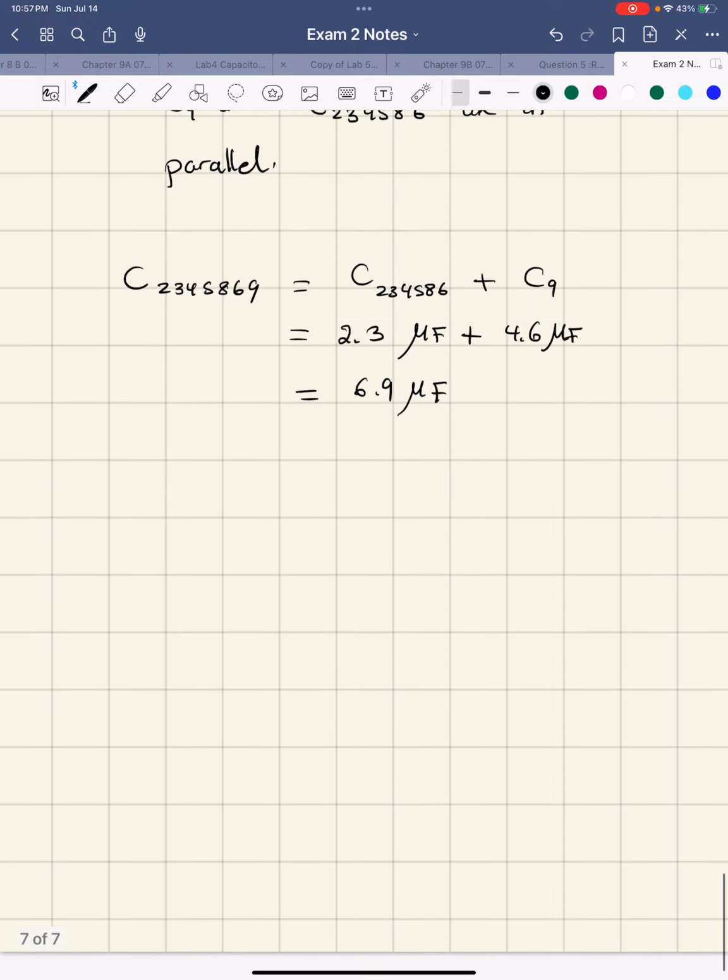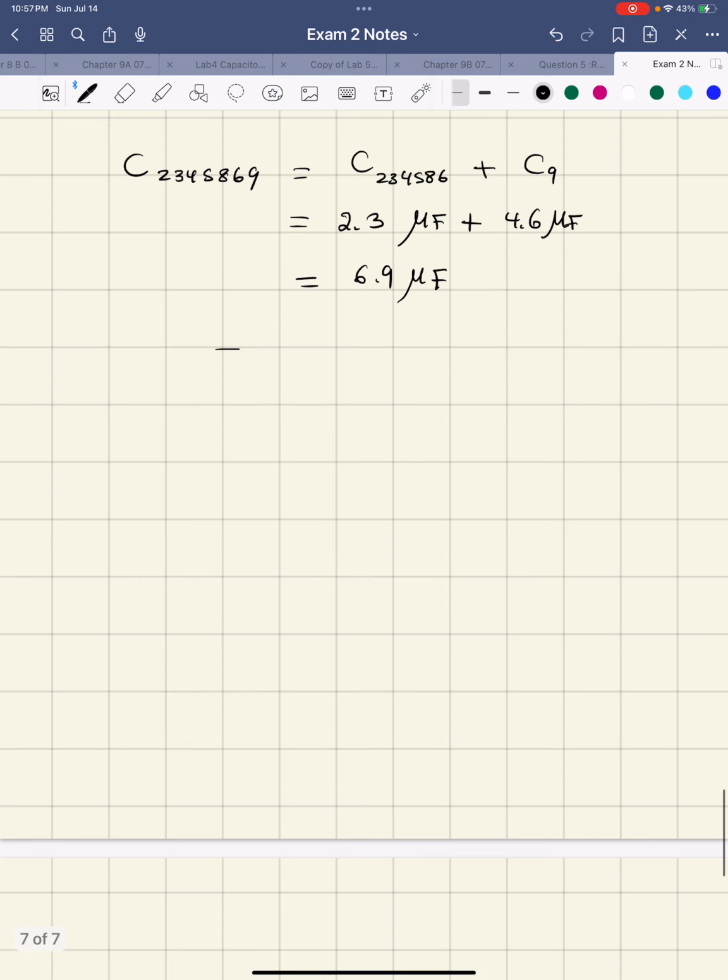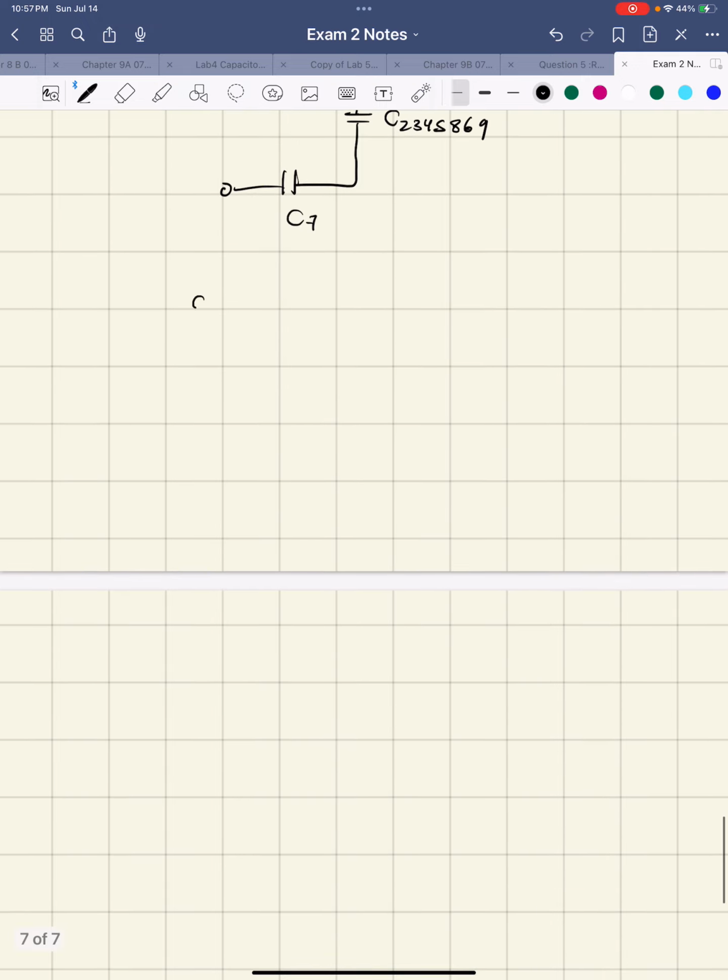Now, this is the last step in that. I'm gonna redraw C1, and then here I have C7 and C2,3,4,5,8,6,9, and these are all in series. And again, we're gonna repeat C equivalent.